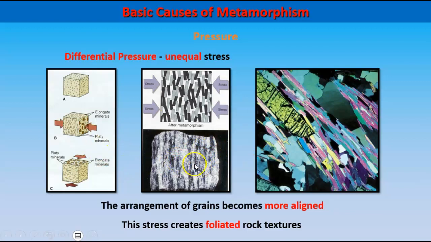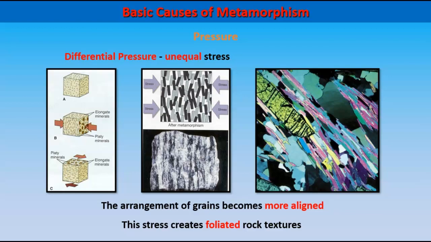This is actually called a gneiss. And so these are alignment of minerals, right, caused by this differential stress. This is the texture you're looking for in a metamorphic rock. I know the term is not correct, but it looks like layering, but it's not caused by deposition, remember. It's caused by this stress, this collision, usually at a convergent boundary.